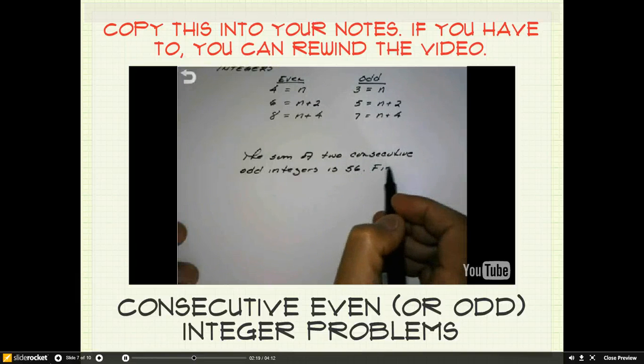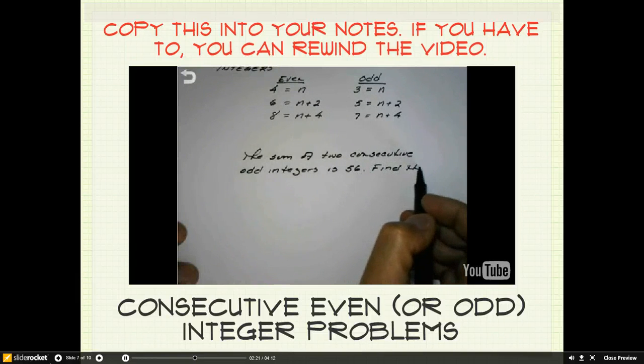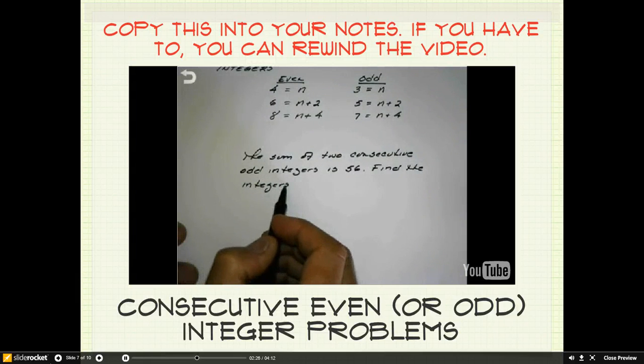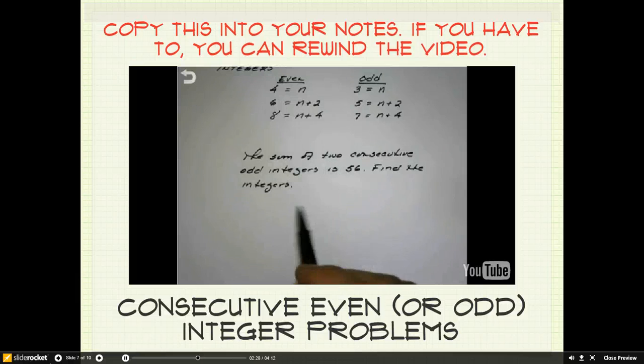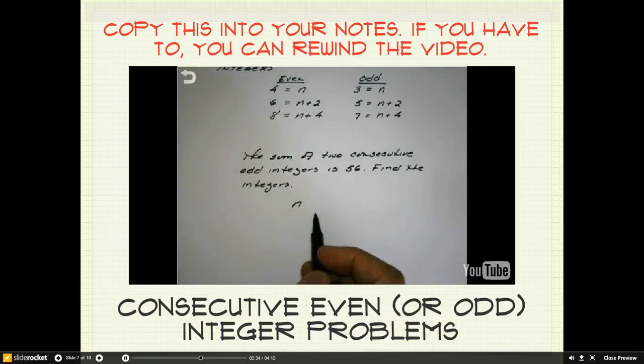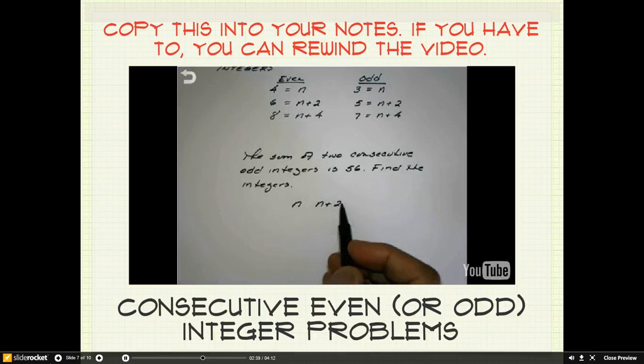Find the numbers. Okay, this time we're looking not for consecutive numbers, but consecutive odd integers, okay? Well, again, let the lowest number be n, and the next one up would be n plus 2, okay?